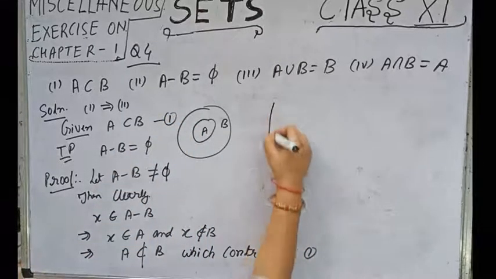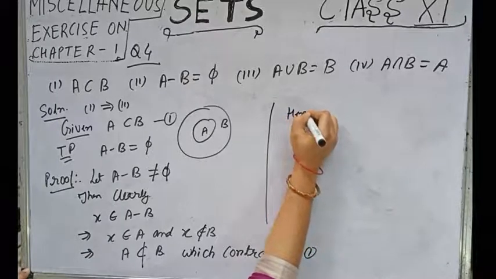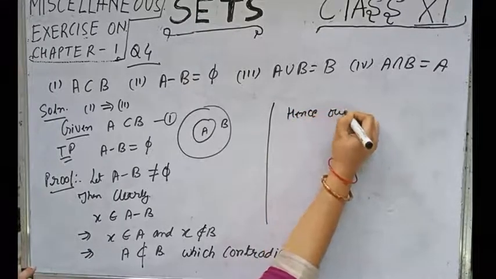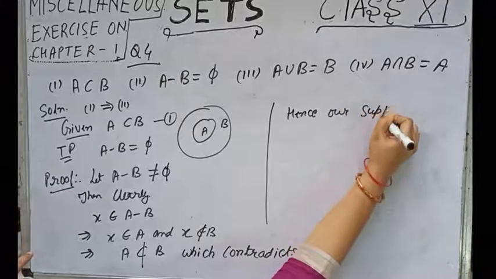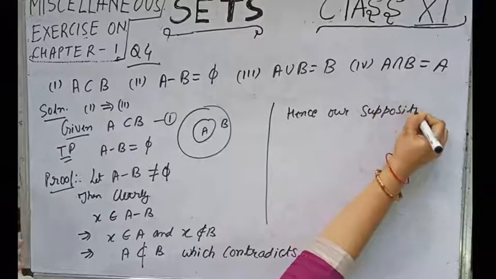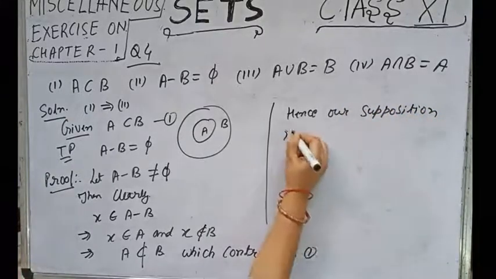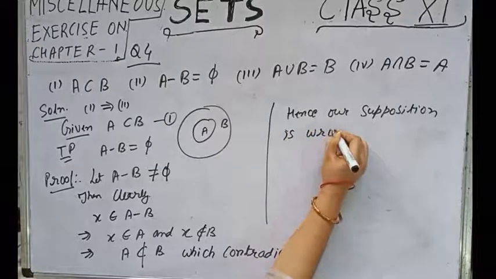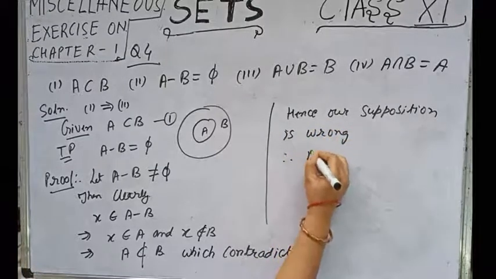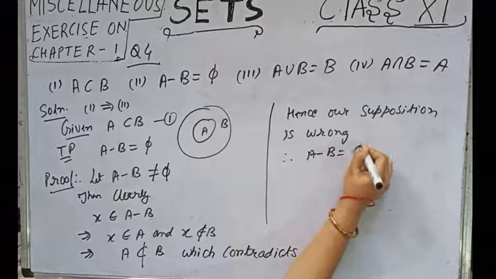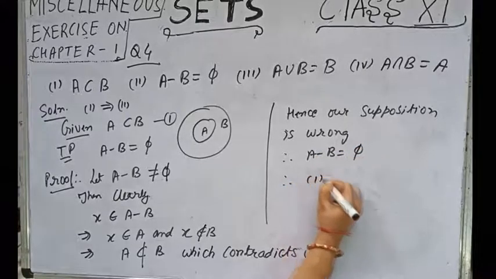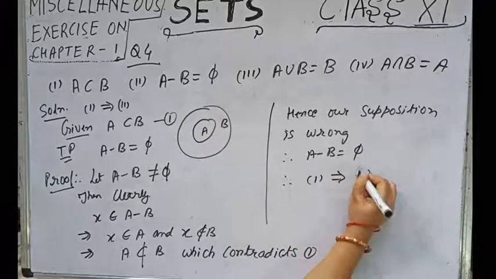Hence our supposition is wrong, and therefore A minus B equals to 5. Therefore 1 implies 2.